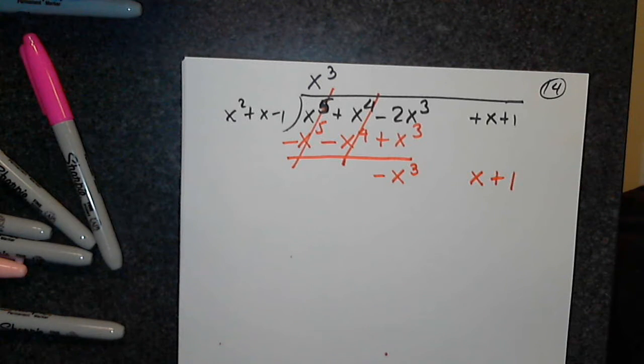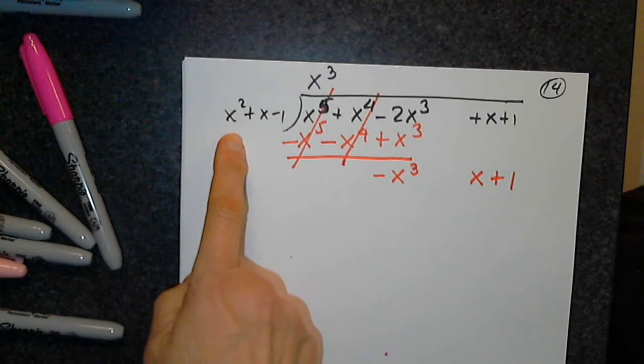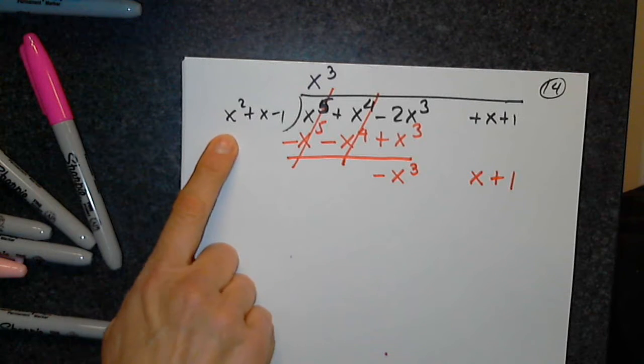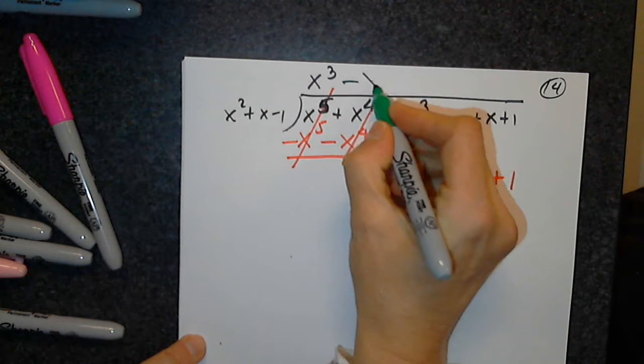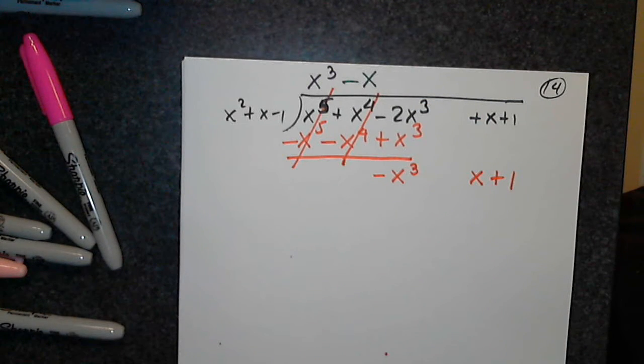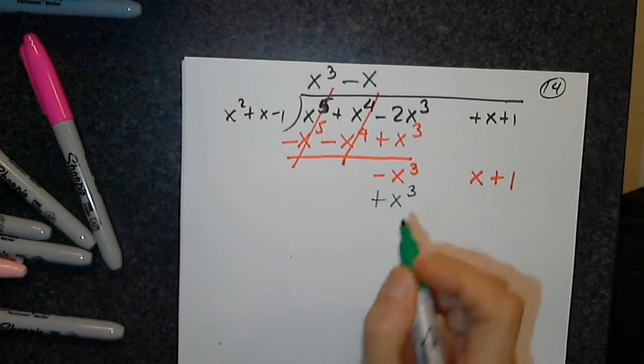Next question. X squared multiplied by what quantity is negative x cubed? Negative x. Perfect. I have to go back and distribute to all 3 terms, change the sign right below like terms. Negative x times x squared, negative x cubed, positive x cubed.